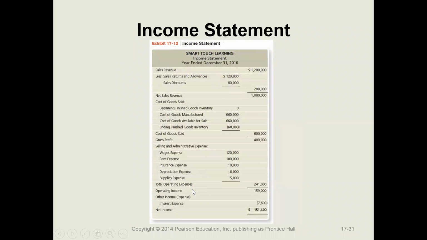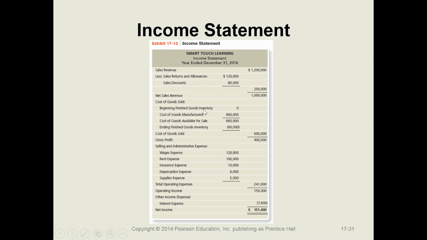So on the income statement, notice we have sales revenues up here. This is sales. So the cost of goods sold section is the thing I wanted to focus on here. The calculation of cost of goods sold starts with beginning finished goods inventory.